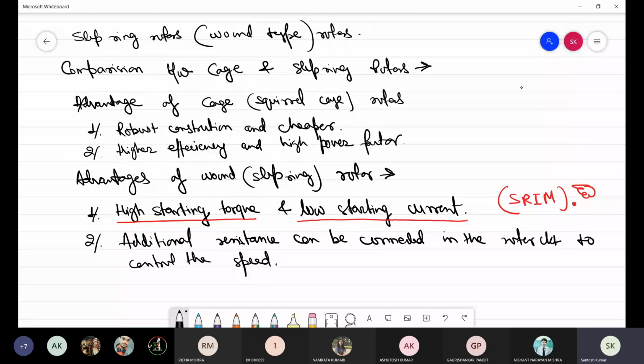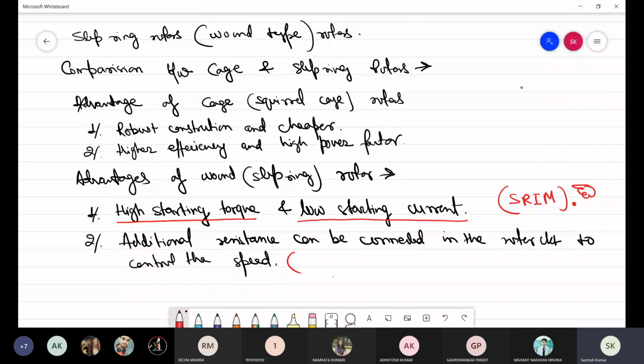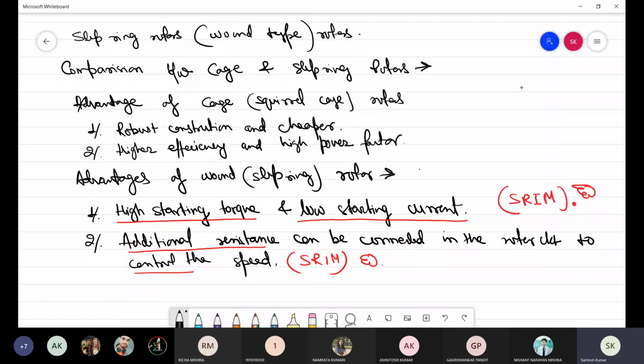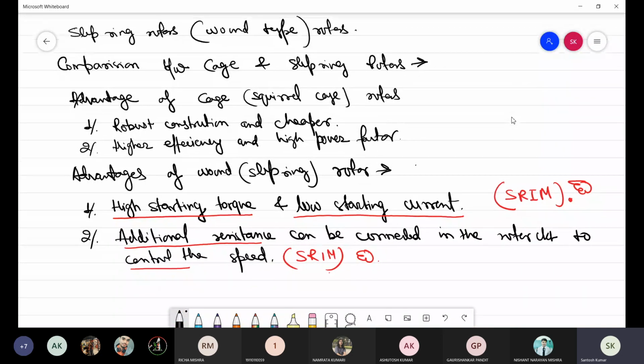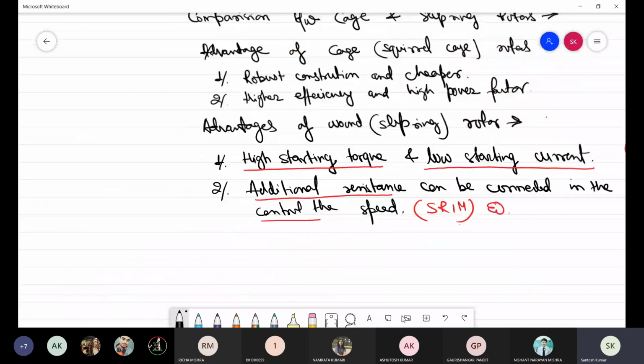All type of experiment we can do only in the case of slip ring induction motor, because we get a chance to connect additional resistance in the rotor circuit, so we can control the speed of the motor. So देखें कि हम एडिशनल रेजिस्टेंस कहाँ कनेक्ट कर सकते हैं. अगर आप ऊपर के सर्किट पर जाके देखेंगे, so this is the this way.